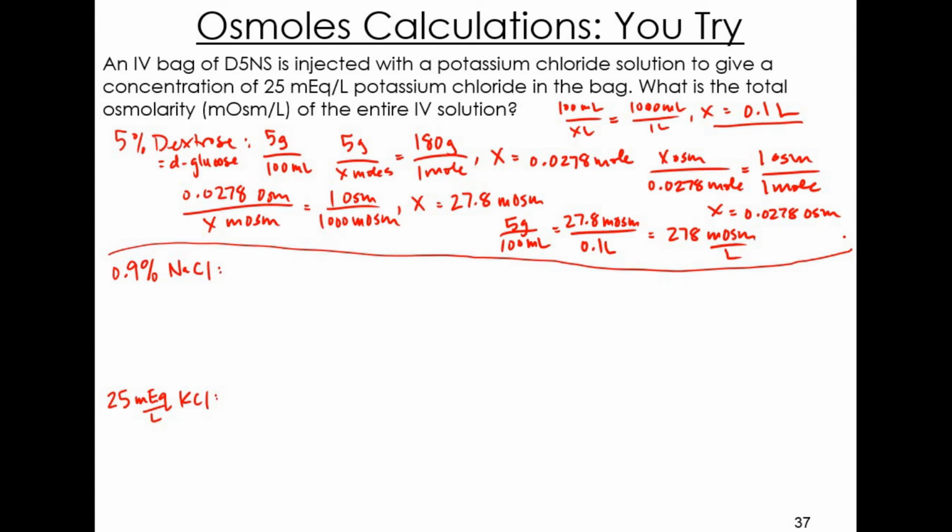of the IV solution. So let's do the same thing for sodium chloride. 0.9 grams per 100 mils of solution. 0.9 grams is how many moles? And the molecular weight of sodium chloride is 23 plus 35.5 from our chart.